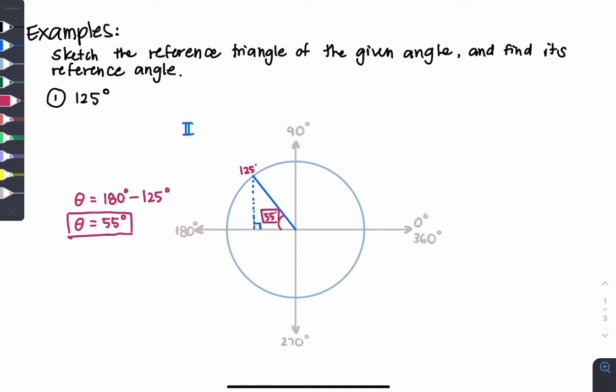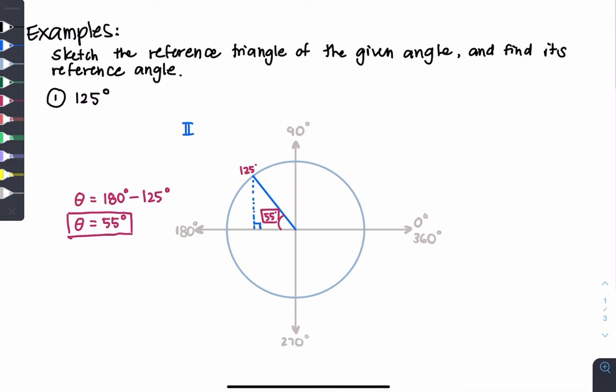All right, so there are a couple of things that I want to note here. Again, it's super important that we're able to identify which quadrant the angle lands in. And it's also important to note how that reference triangle is sketched.